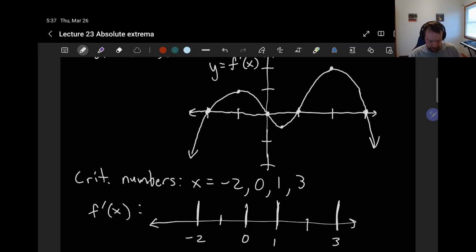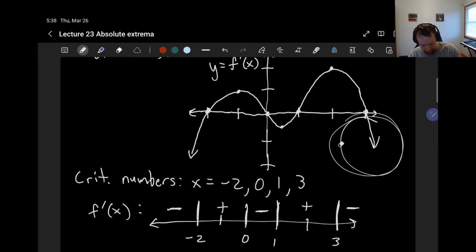I can see that the derivative is negative from the left side of -2. The derivative is positive on this interval because we're above the x-axis. So from -2 to 0, the derivative is positive. In this little portion here, we're below the x-axis, so the derivative is negative. Then we're above from 1 to 3. And then we're below the x-axis again from 3 onward.